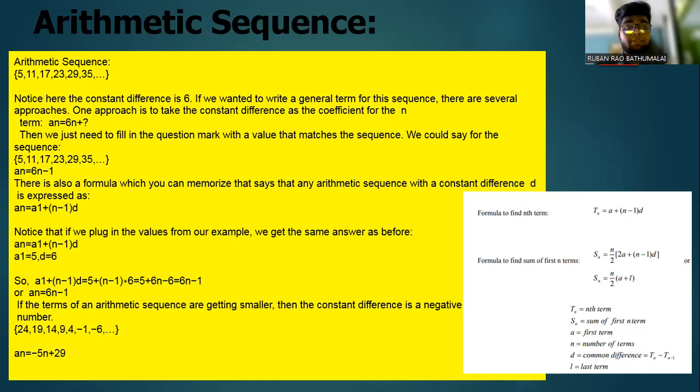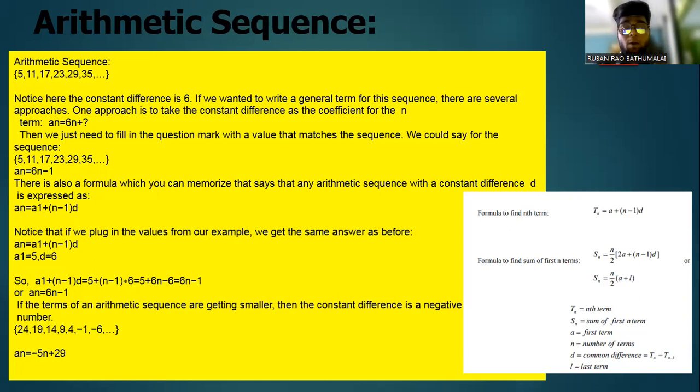Notice that when we plug in the values from our example, we get the same answer as before. The 6, which I said, is the difference between 5 and 11 and 11 to 17. So we substitute into the formula: a1 equals 5, d equals 6. You can find the difference value is 6.